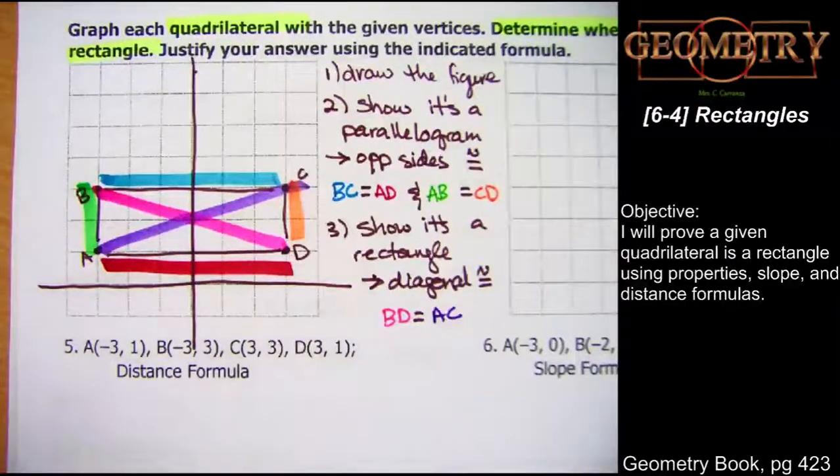And once you've done all that, you can say it's a rectangle. If at any point along this path you get a not equals, it is not a parallelogram or a rectangle, wherever you end up finding it. Make sense?